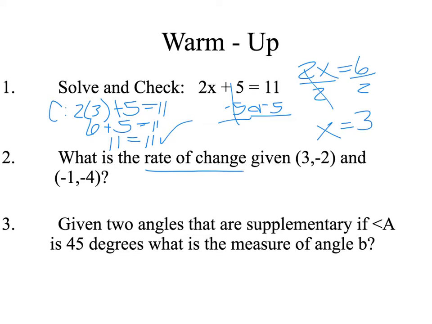Remember that rate of change? That's a fancy word for slope. And a formula for slope is y minus y over x minus x. My minus signs look like little dots, but that's subtraction. Y minus y over x minus x. So -4 minus a -2 over -1 minus 3.